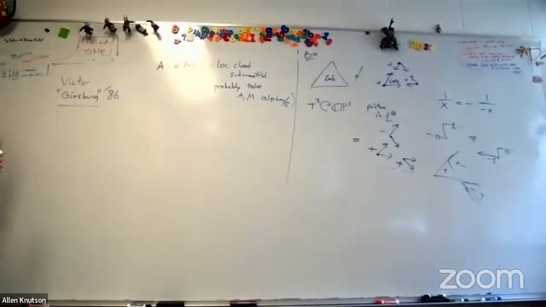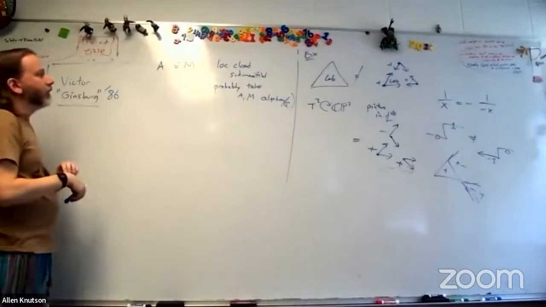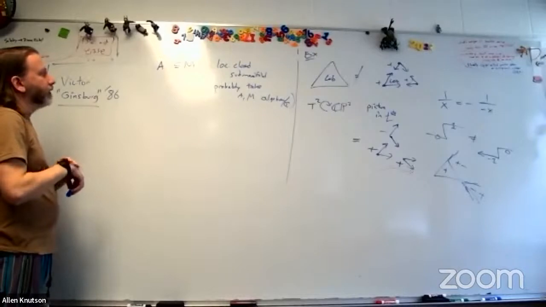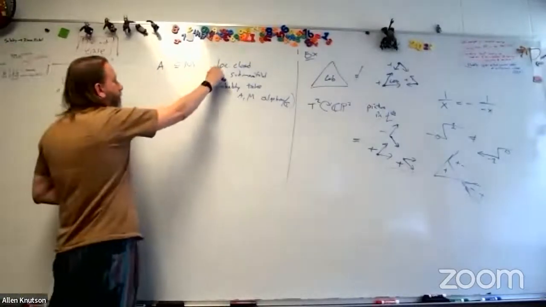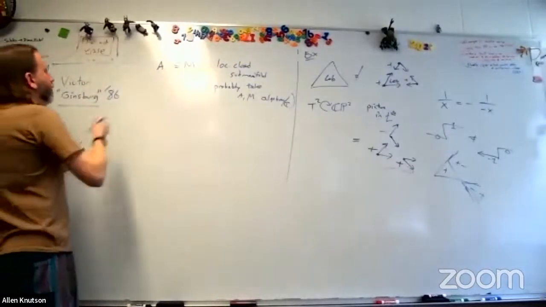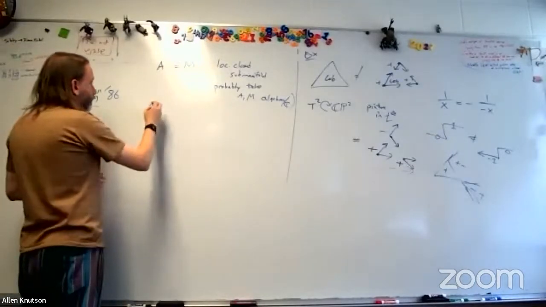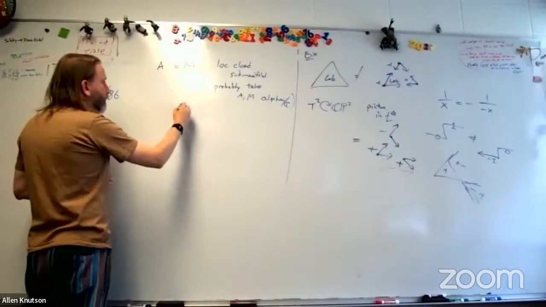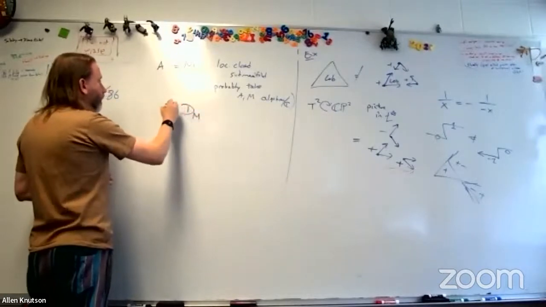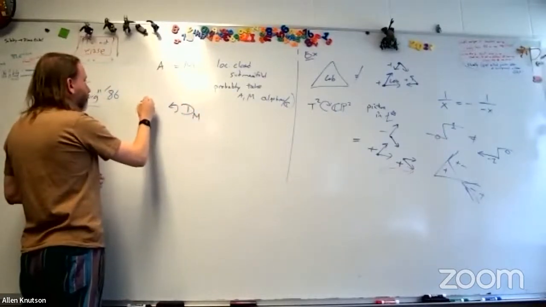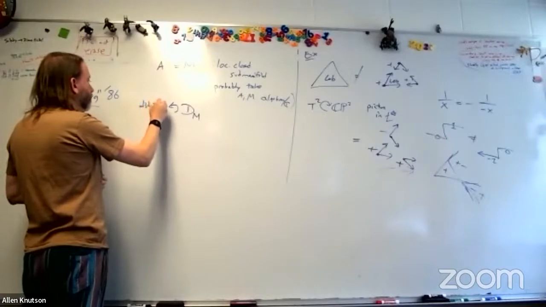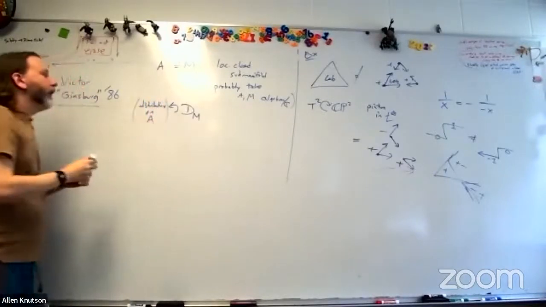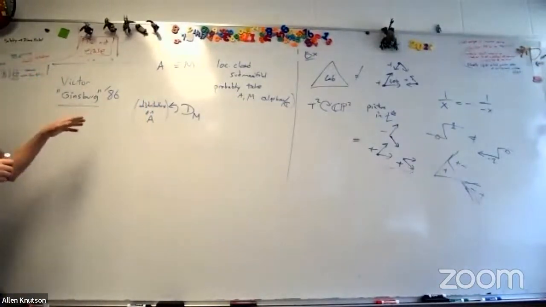I'm not saying that's absolutely necessary for everything I'm saying, but I'm going to restrict to that. Associated to this, there's this D module of distributions on A. And I'll give examples in a second.